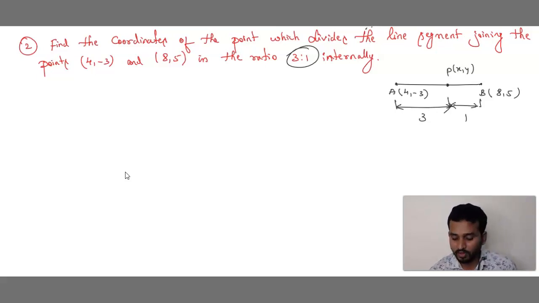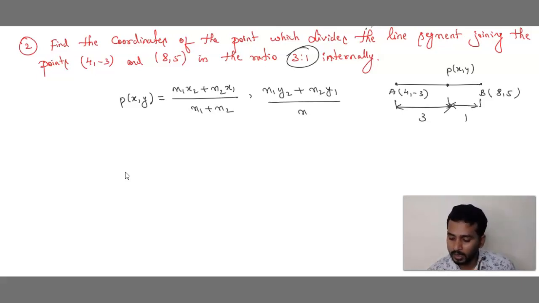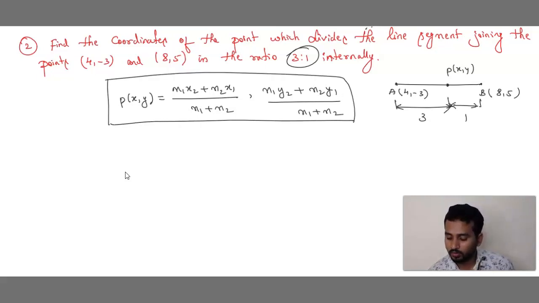Now what is the section formula we have? P of x comma y is equal to m1 x2 plus m2 x1 divided by m1 plus m2, comma m1 y2 plus m2 y1 by m1 plus m2. This is nothing but the section formula.